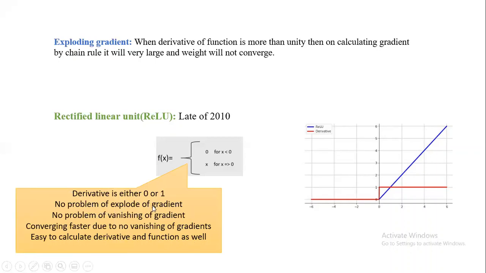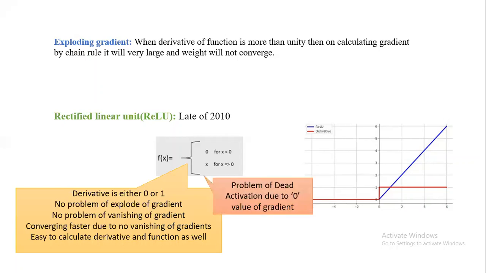So there is no problem of exploding gradient because it is always 1 or 0. No matter how many times you multiply, you will get only 1. And there is no vanishing gradient problem because it is not less than 1. It is also easy to calculate, so this function became very popular in neural networks.